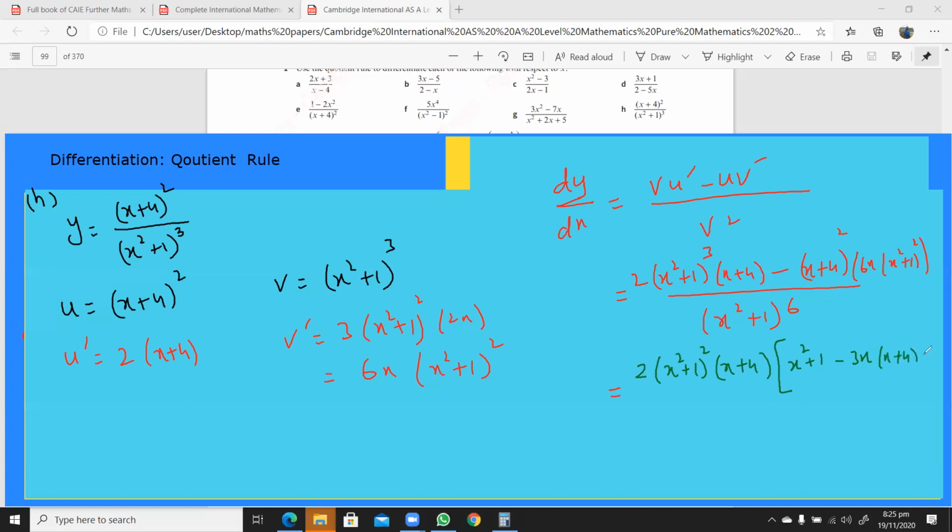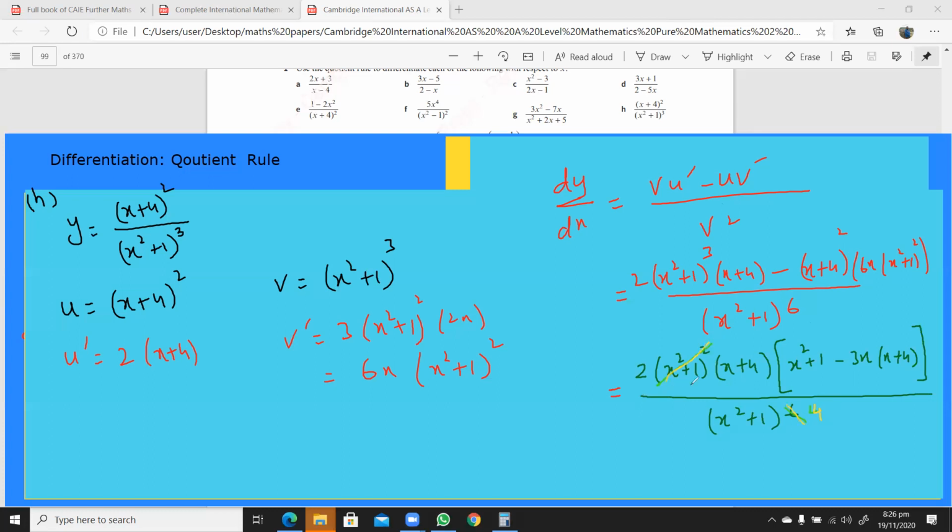Yes, so this 3x into (x plus 4) is left from here, and I have (x square plus 1) whole to the power 6. So you see that this is going to be cancelled by this, and you're left with the power 4. So there is a power 4 left here.